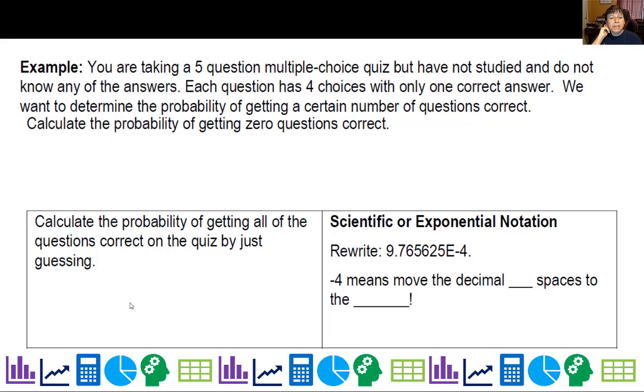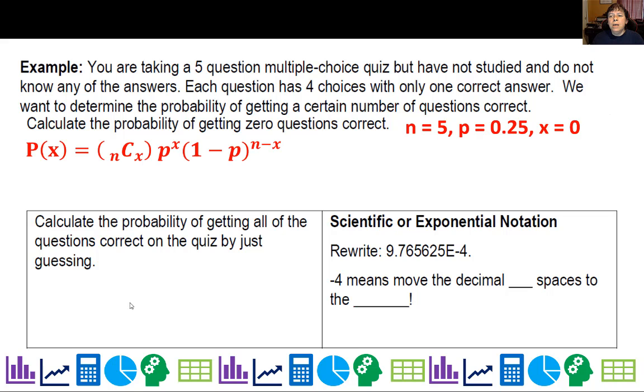So calculate the probability of getting 0 questions correct. So let me write down my N, P, and X, because those are very important. Now, X can change from question to question. N and P are usually the same for one scenario, okay? So that X number is going to change as we do different problems, all right? So I'm going to go ahead and use the formula, and I'm going to put in 5 and 0 for combinations for my coefficient, and then 0.25 to the 0 because we're getting 0 questions correct.